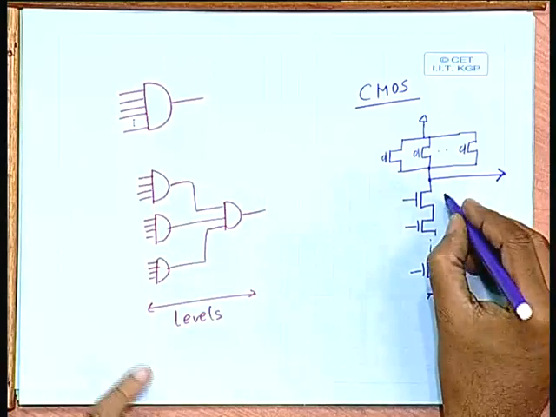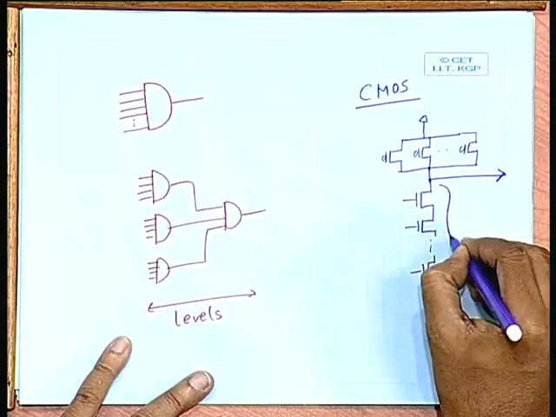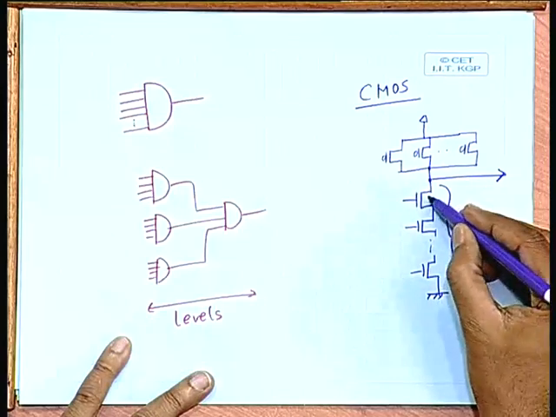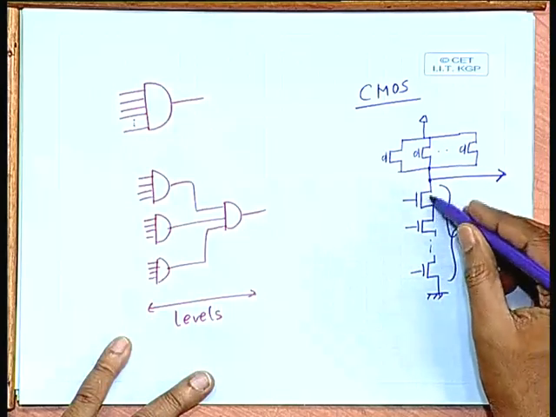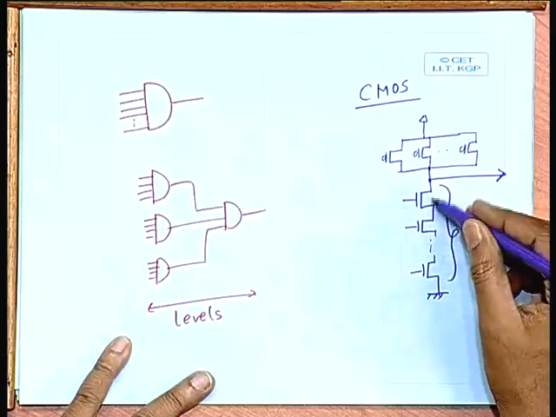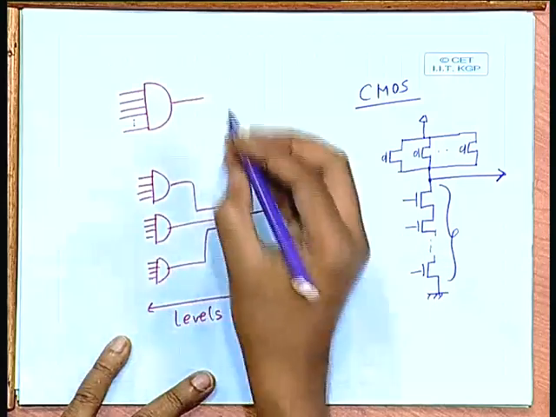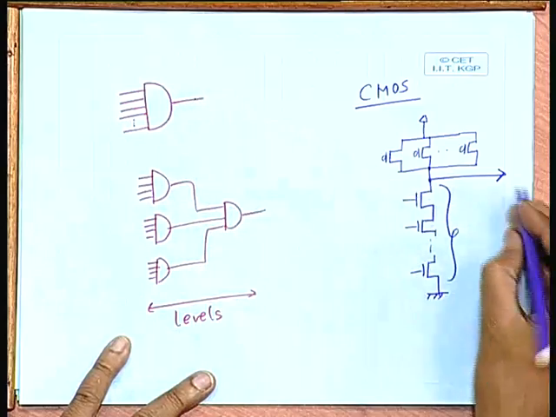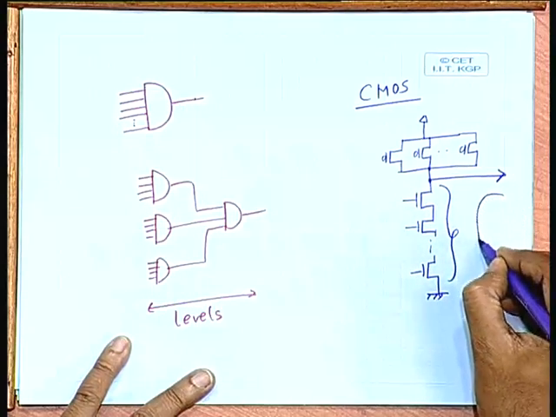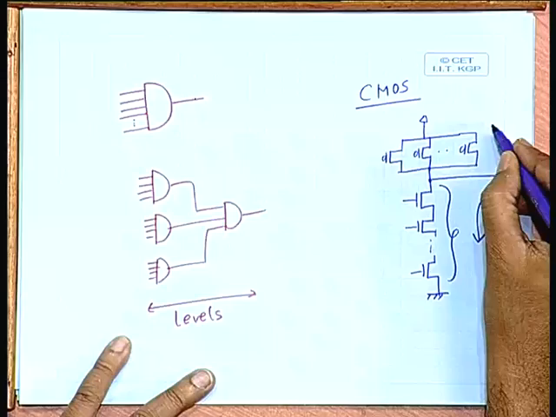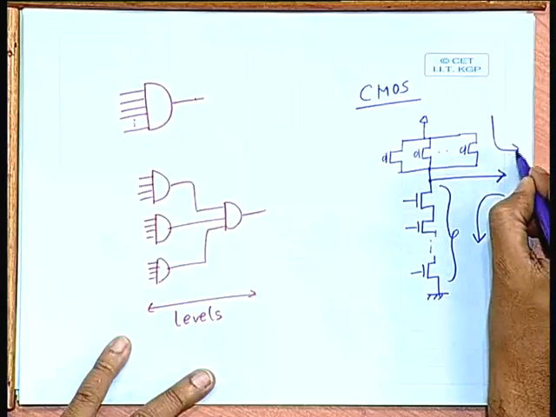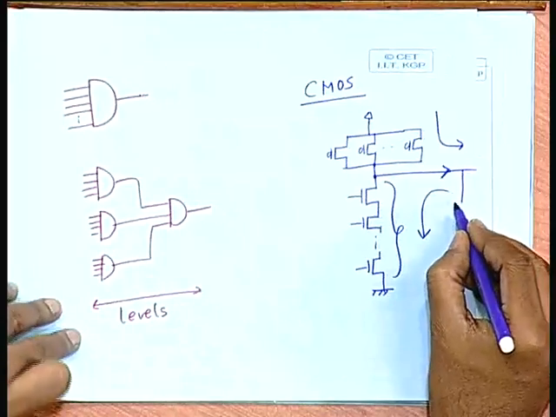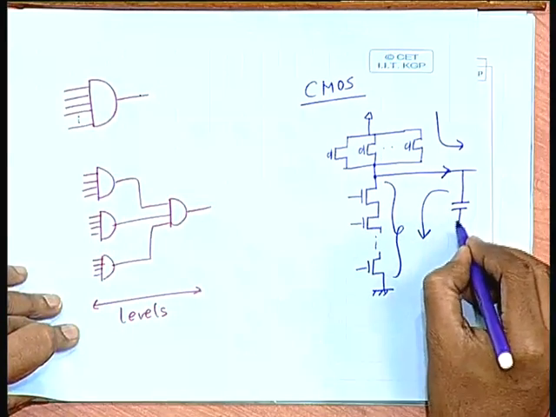Now, as you increase the number of transistors in series, the total impedance of this chain of transistors increases. So, when the output of this gate tries to switch from 0 to 1, you are either discharging a current along this path or charging a current from this path, because the load can be approximated by a capacitor.